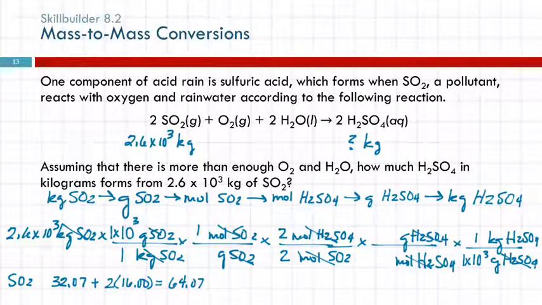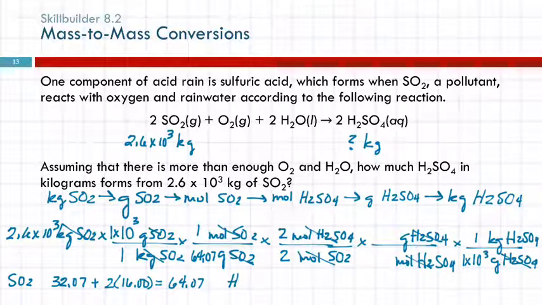So 1 mole of SO2, 64.07 grams of SO2. So this is like the minimum I want you to write down. I left out the grams equals moles of SO2. This is like the bare minimum. But it's written down so I can see how I got the number. If I screwed up, I can go back and figure out how.